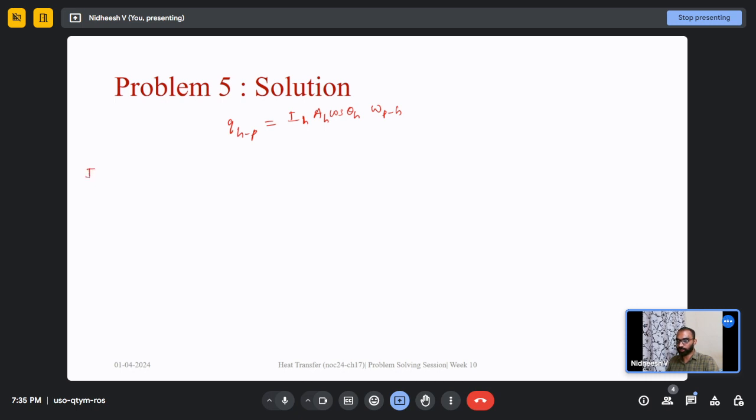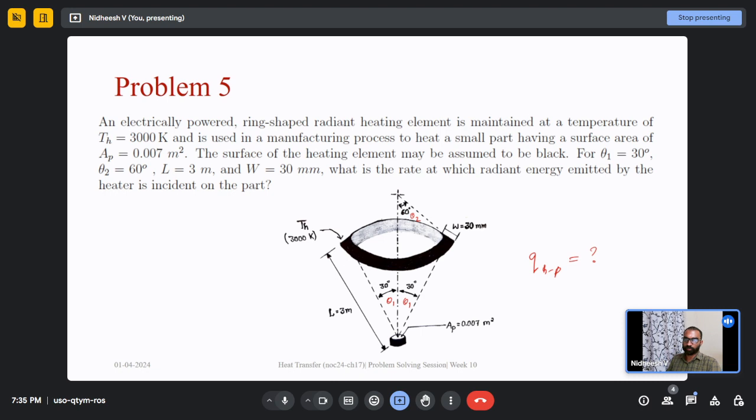What is IH? IH is the intensity of emission from the heater. Let's see if that quantity is given to us directly. For this electrically powered heater, intensity is not given, but the temperature of the heater is given, and it is given that the surface of the heating element may be assumed to be black.